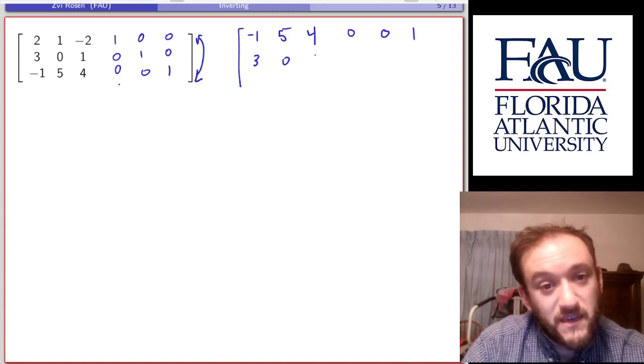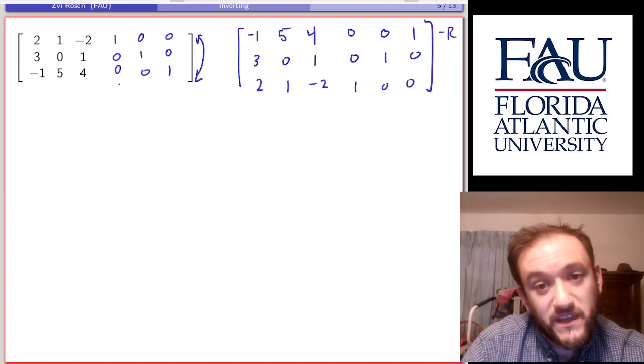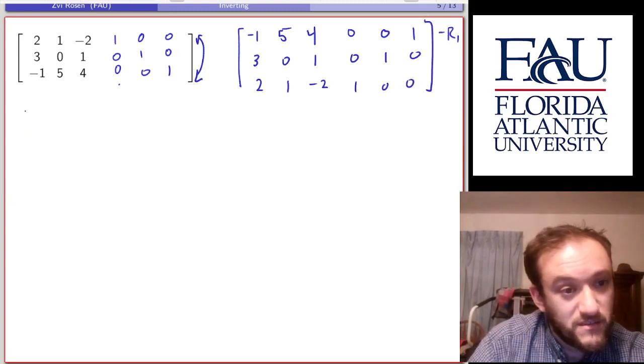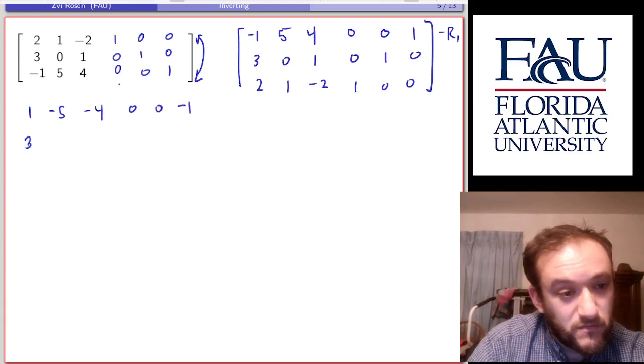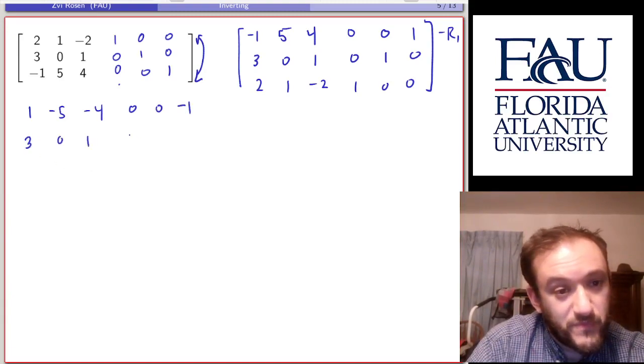Second row stays the same: 3, 0, 1, 0, 1, 0. Then 2, 1, -2, 1, 0, 0. Okay, same process, minus row 1 gives us 1, -5, -4, 0, 0, -1. Other rows stay the same.